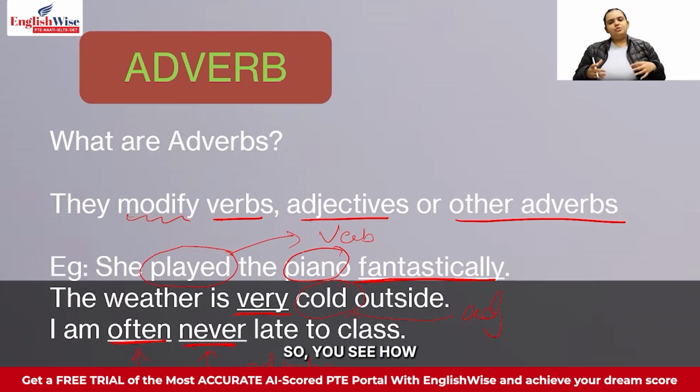You see how an adverb comes in the position and modifies the verb. How is she playing the piano? She's playing it fantastically. Or I will just say the weather is dash cold outside. We know that the weather is cold outside, but is it less cold or too much cold? It is very cold.